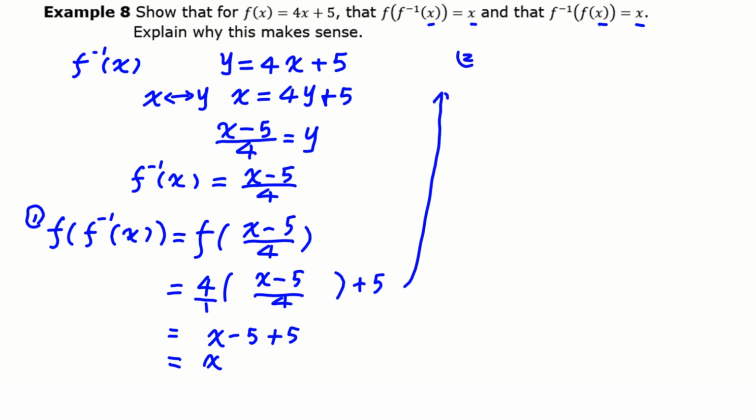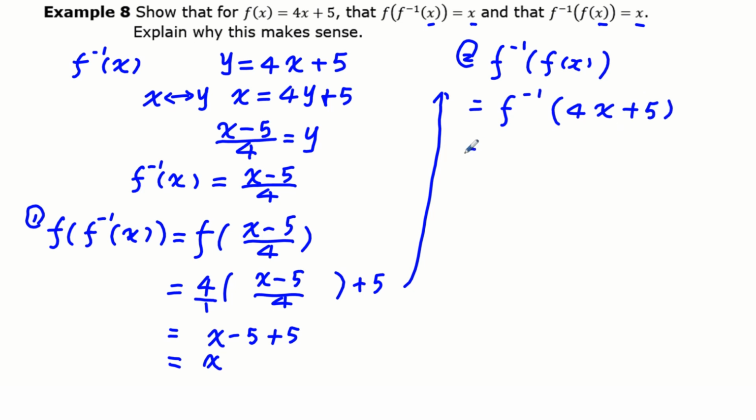For the second one, the inverse of function f at x, we sub in f at x as the input for the inverse. So f at x is 4x plus 5. Then we sub this 4x plus 5 into this x.